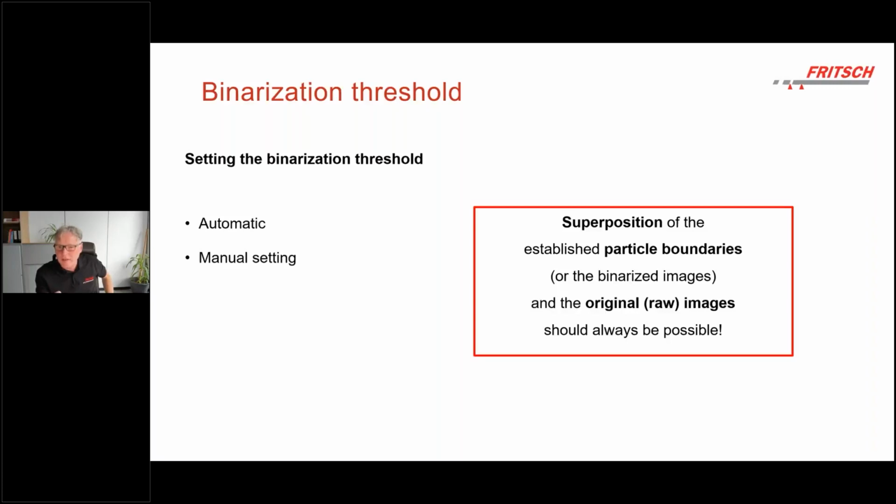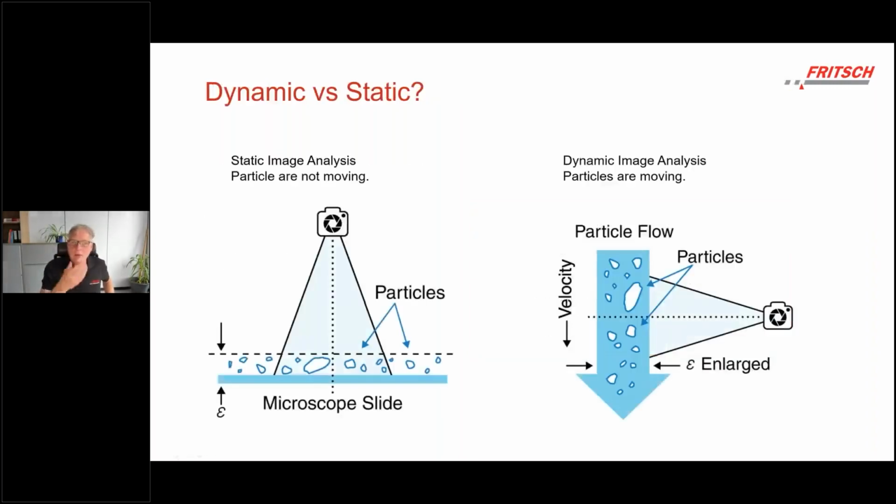Therefore, it's very helpful to have a superposition of the particle boundaries, as I have shown before in the image with the red lines, and the original raw image that you have taken during the measurement. This should always be possible, in my opinion.